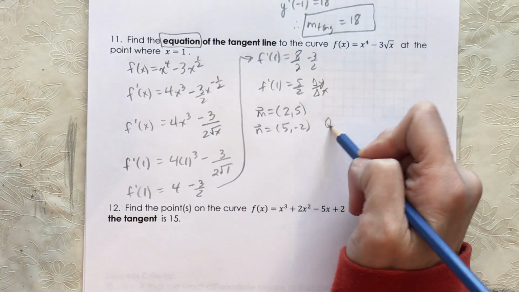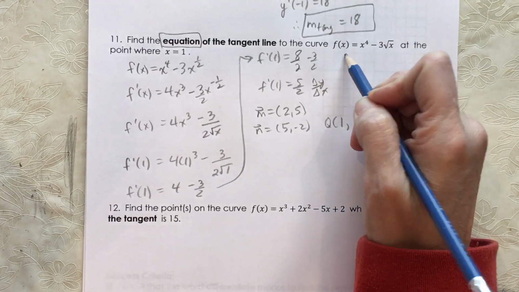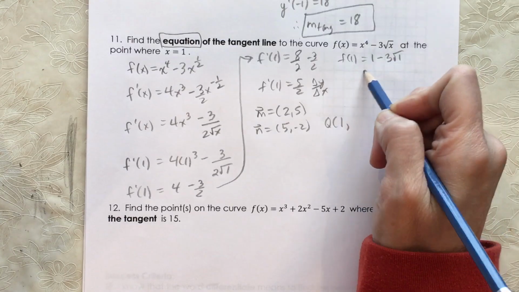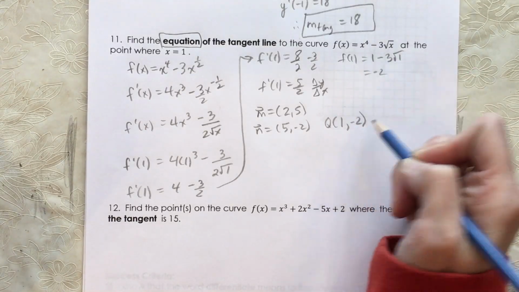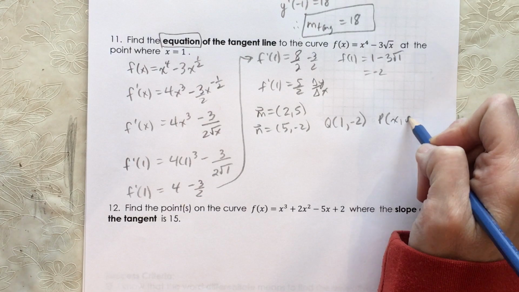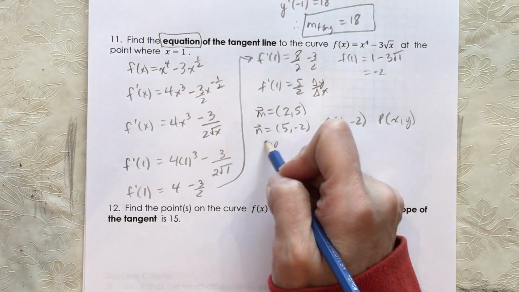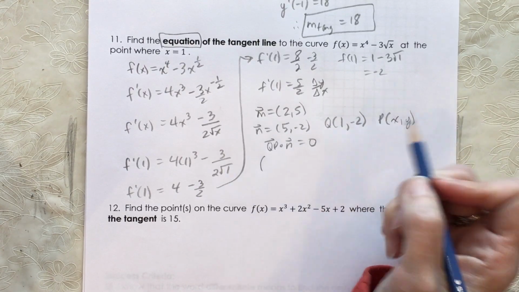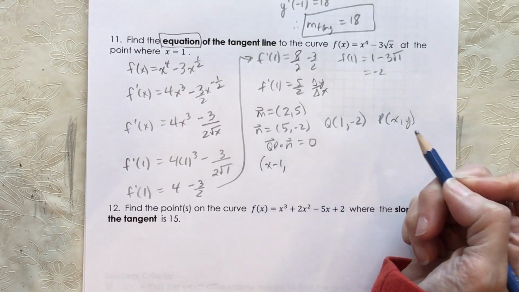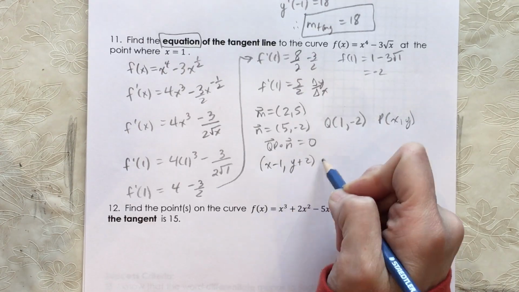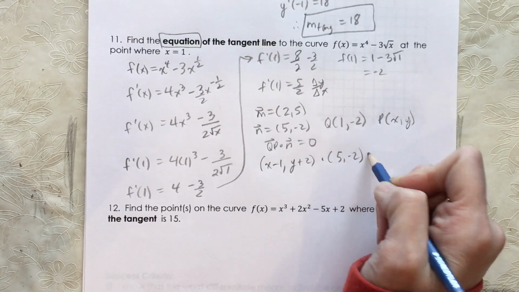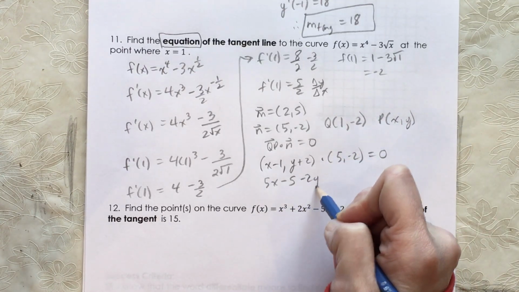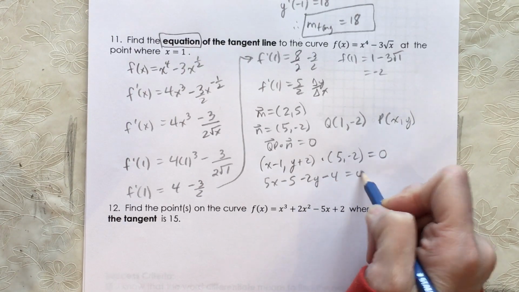My point Q is 1, and then if I sub 1 in up here, I get 1 minus 3 root 1, which is negative 2. And my P is (x, y), and then QP dotted with n equals 0. So I've got (x minus 1, y plus 2) dotted with (5, negative 2) equals 0, 5x minus 5 minus 2y minus 4 equals 0.